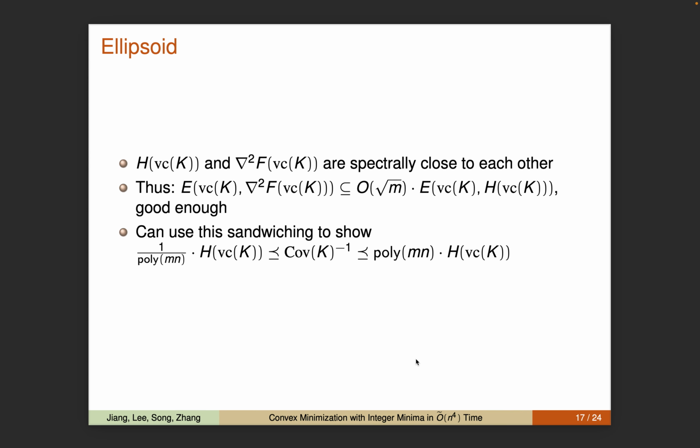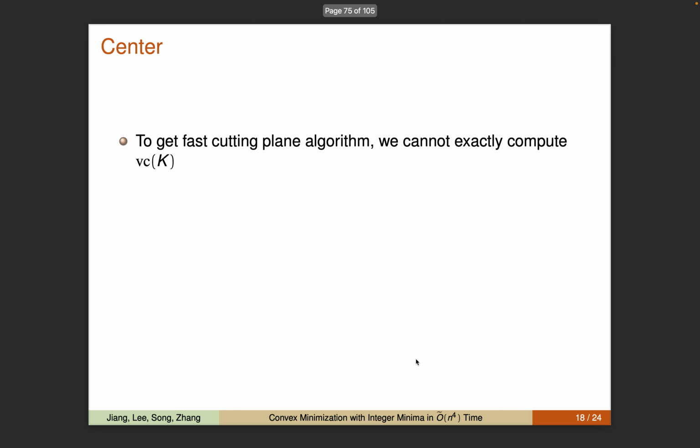As a consequence, we have shown that you can use the ellipsoid induced by the volumetric center plus the h function to sandwich the polytope K, and using this sandwich condition, we can further show that this H matrix is a good spectral approximation to the covariance matrix.